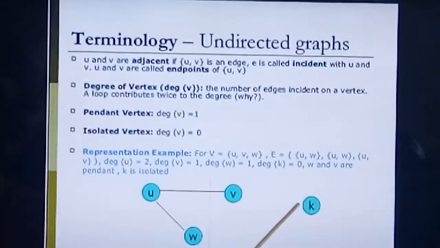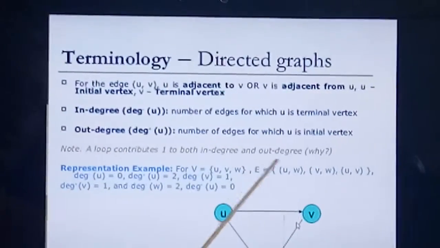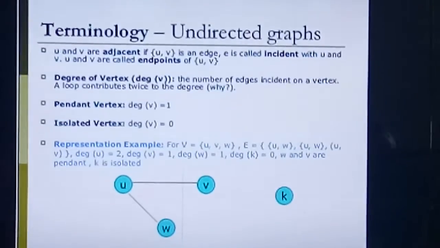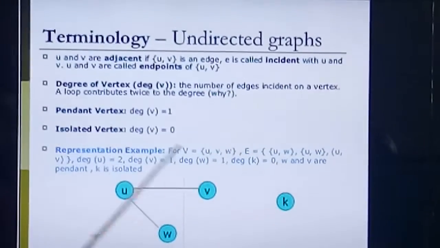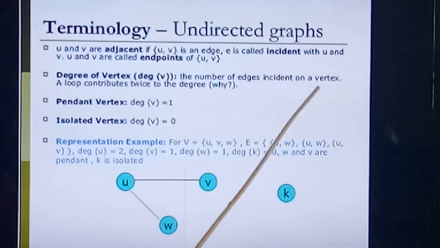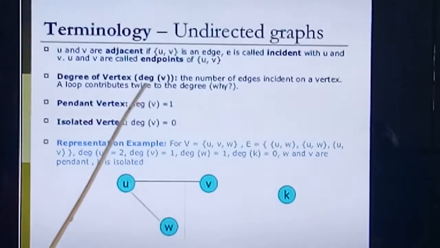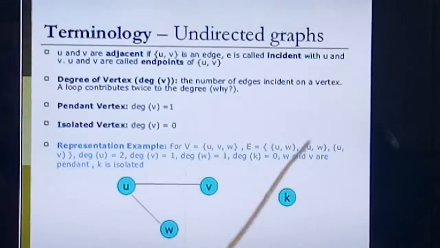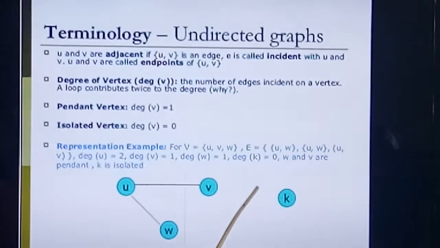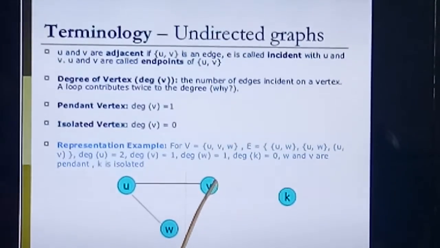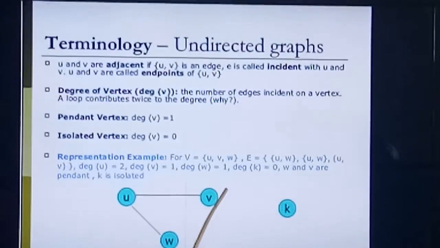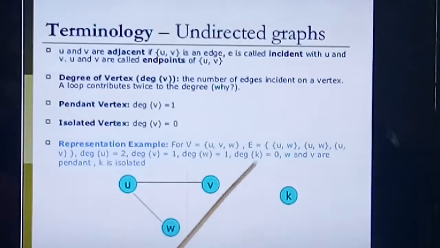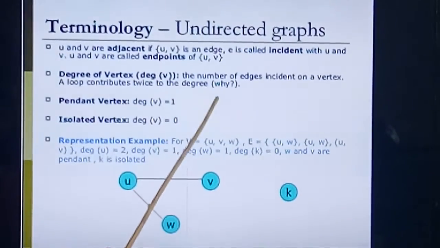For K, there are no edges incident on this particular node, so the degree of K is 0. A loop contributes twice to the degree. Can you say why? Because the loop starts at the same vertex and ends at the same vertex, so both the ingoing and outgoing lines are counted.